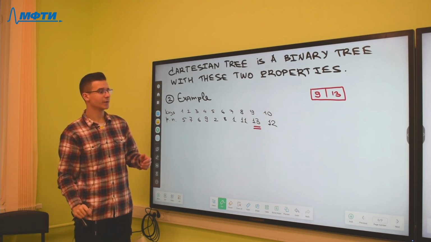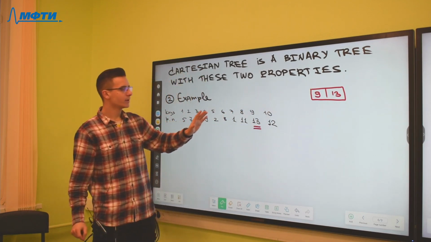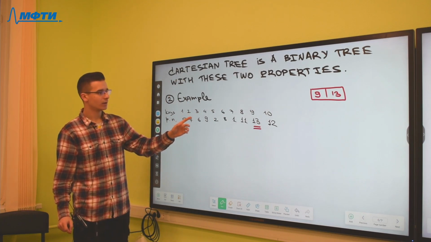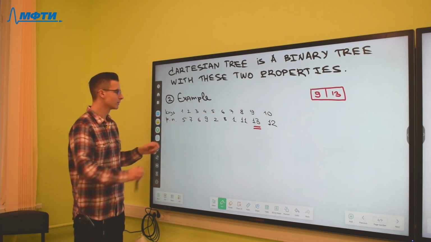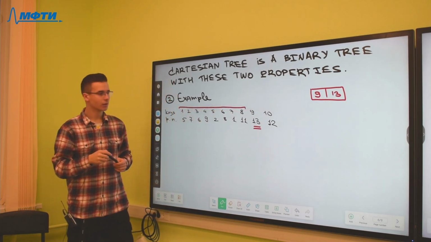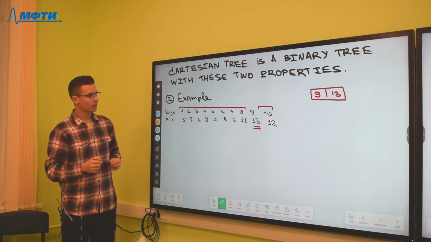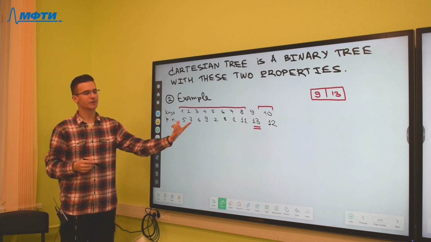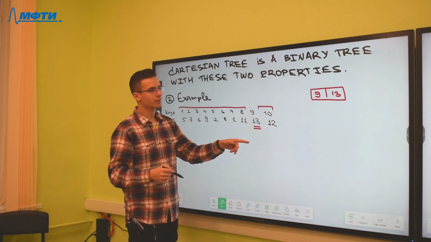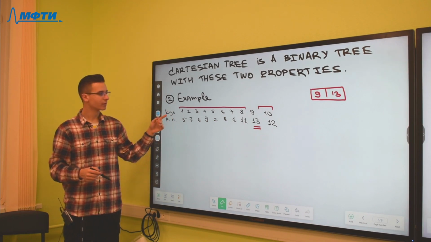Then when we set the root of the binary tree, we can split our numbers into sets with keys less than 9, as in the root, and with keys bigger than 9. And it is the left subtree and the right subtree. So then we recursively repeat the step of the algorithm.